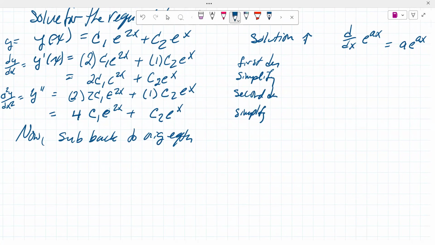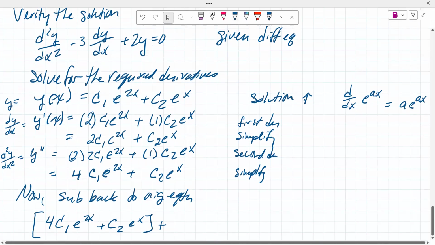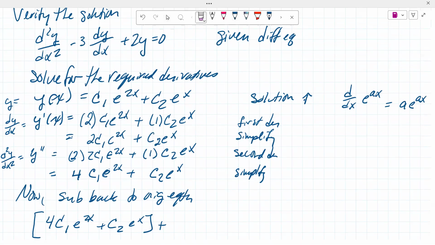All righty, so next we're going to substitute these things in. d squared y over dx squared, the second derivative, what's that? I'm going to use square brackets because we have whole formulas to put in. So we got 4c1e to the 2x plus c2e to the x. That's the whole formula. Plus, oh, it's not plus, it's minus. Minus 3 times dy dx.